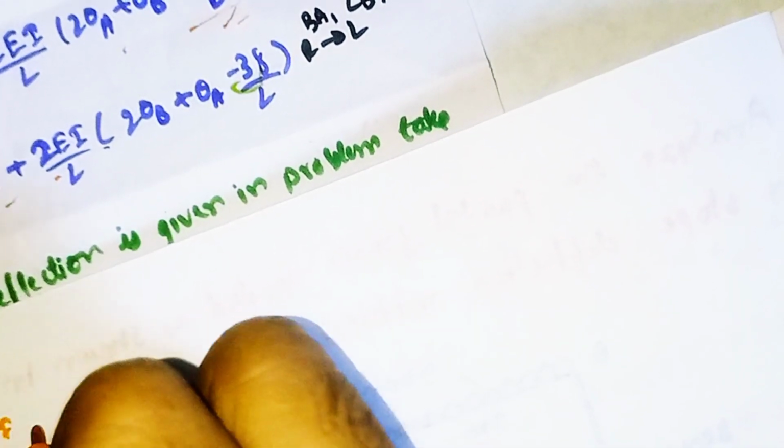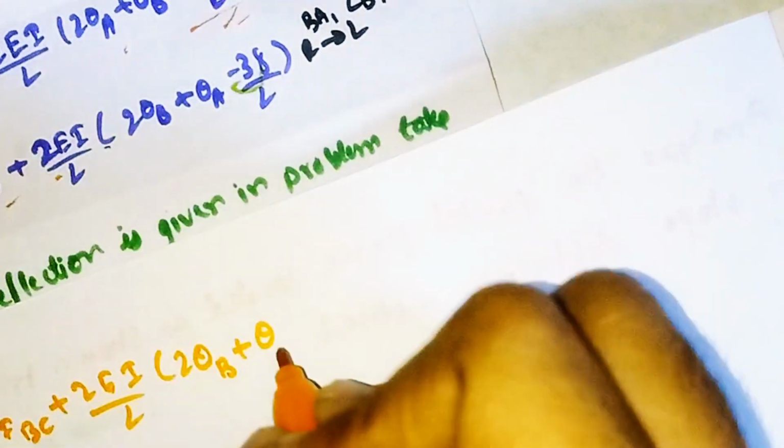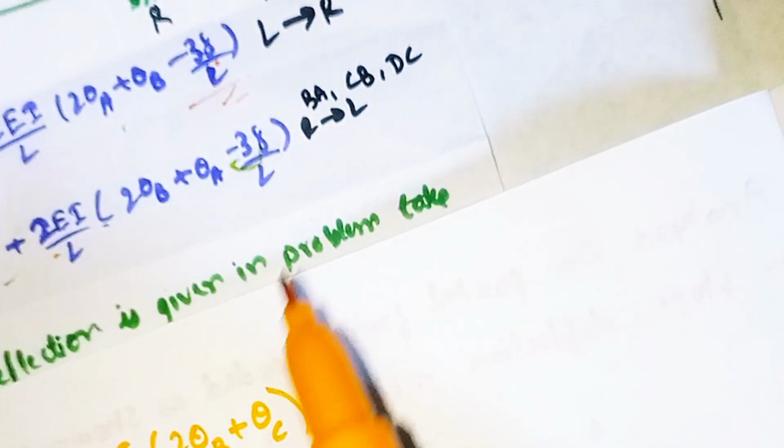MF_BC plus 2EI divided by L, 2 into the first alphabet theta B plus the second alphabet theta C. You should not take 3 delta divided by L because the deflection is not acting at the horizontal member.